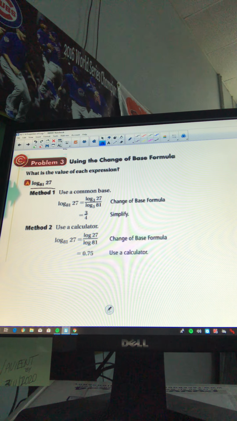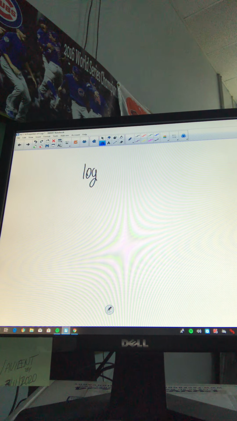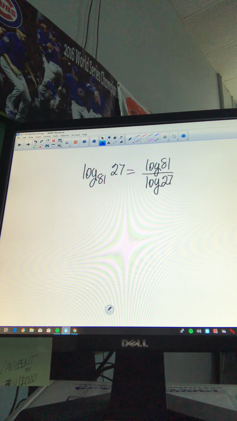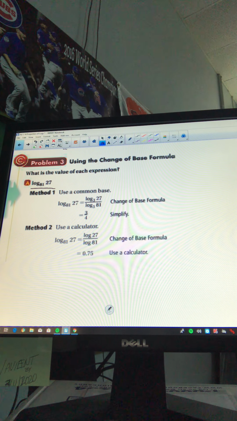Right here, the log base 81 of 27. We can rewrite that as the log of 81 divided by the log of 27, and then you put that in your calculator, and you're going to get 0.75 or 3/4.